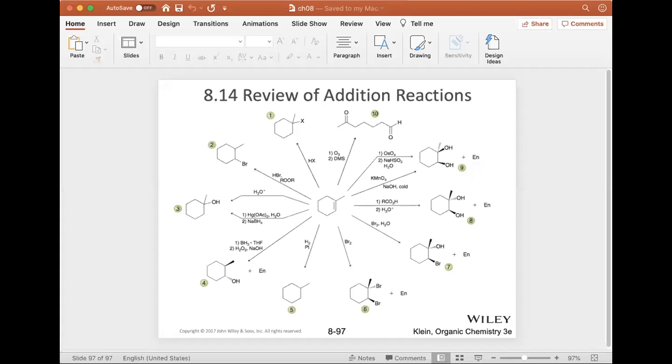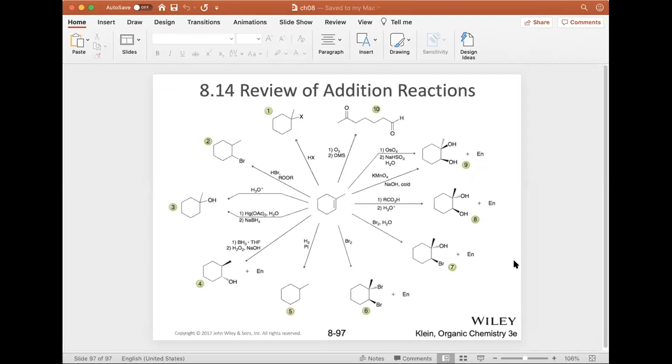Okay, can you see the slide, this PowerPoint slide? Yes. These are all the reactions that we learned in this chapter. The first reaction is hydrohalogenation, HX. Is it Markovnikov or anti-Markovnikov?